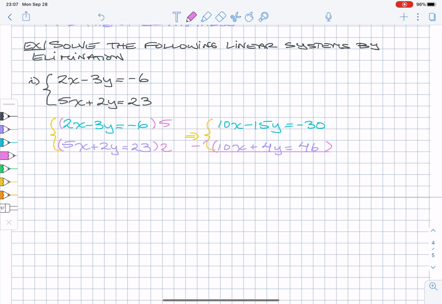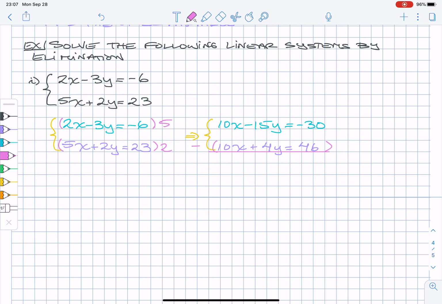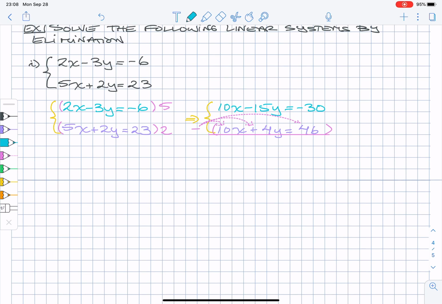Distributing the negative to each term, we will have negative 15 minus 4 is negative 19y. Negative 30 minus 46 is going to be negative 76.